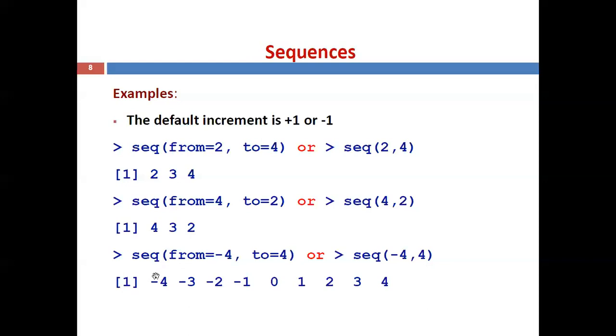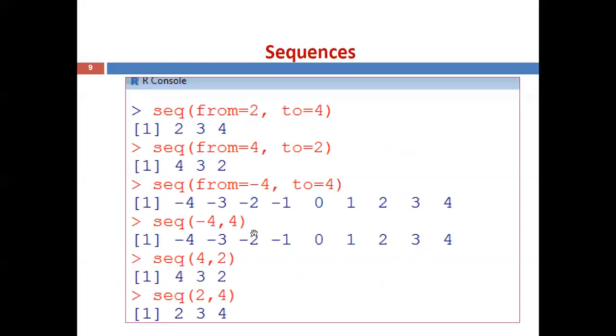Here you can see it starts with a negative value, then it is incremented by 1 by default until the end value 4 is reached. First you take minus 4 as the starting value, then increment by 1, minus 4 plus 1 is minus 3, then minus 3 plus 1 is minus 2, then minus 1, then 0, then 1, then 2, then 3, then 4. So the end value is reached here. So this is the sequence generated.